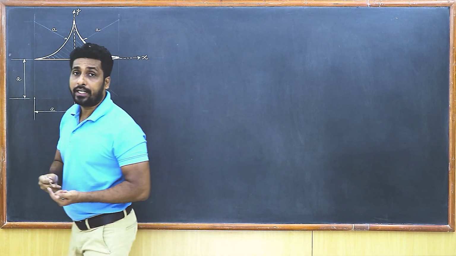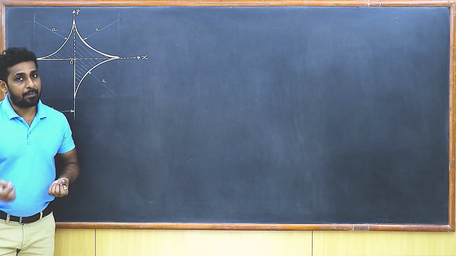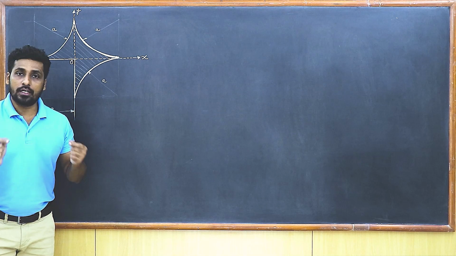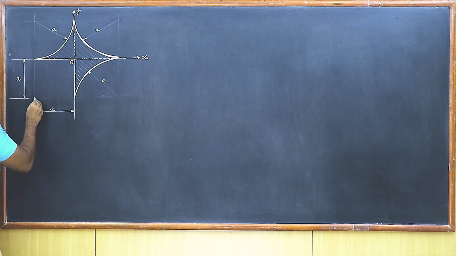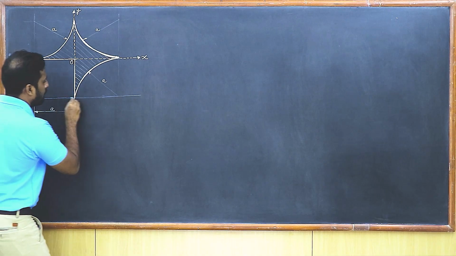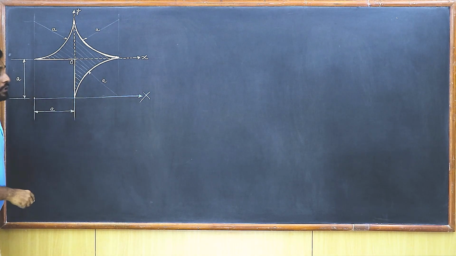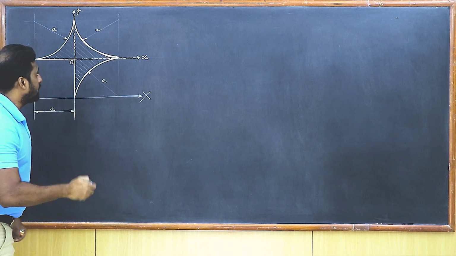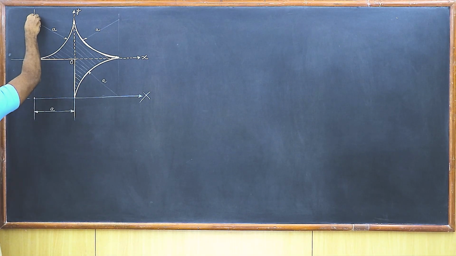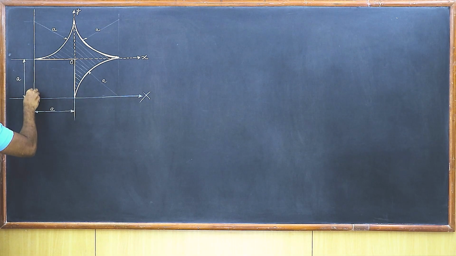So students, I'm going to select my x and y-axis accordingly so that my entire plane lamina lies in the first quadrant itself. This is where I'm going to take the x-axis, that's capital X. Make sure that you are now using the capital letters, and this line is going to become the y-axis.